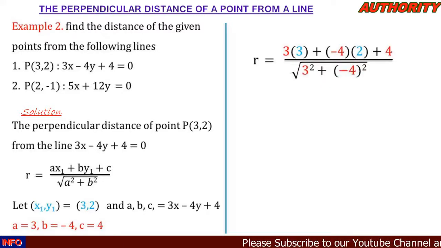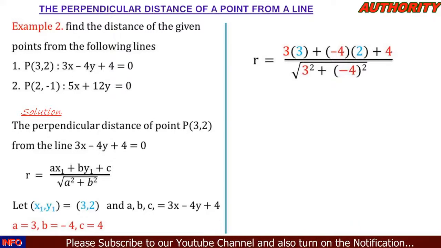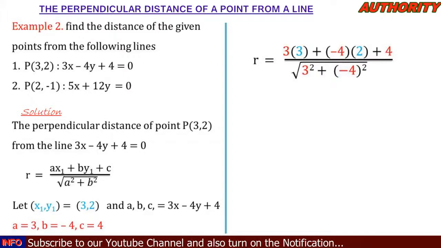We have r is equal to, a is equal to 3, open bracket, our x1 is equal to 3, close bracket, plus b is equal to minus 4, open bracket, our y1 is equal to 2, close bracket, plus c is equal to 4, all over square root of a is equal to 3, so we have 3 squared, plus b is equal to minus 4, we have minus 4 squared.